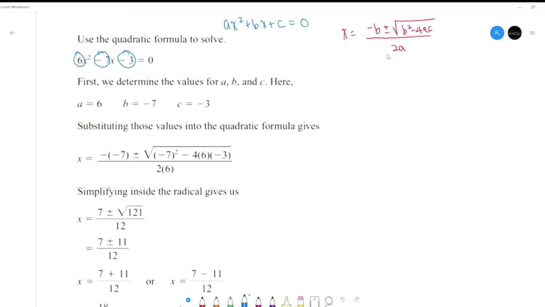So let's plug it into this quadratic formula. Negative b is the first part, right? So I have to write negative 7, because b is equal to negative 7, plus or minus the square root of b squared minus 4 times a times c, and then all of this is over 2 times a.